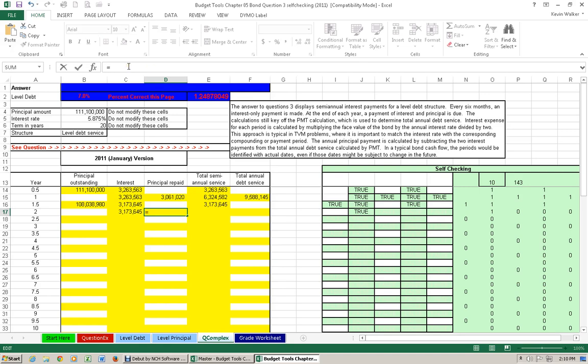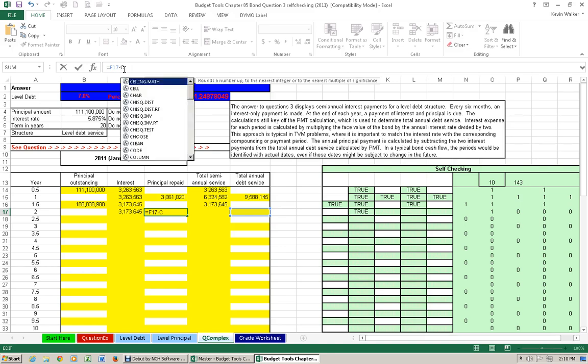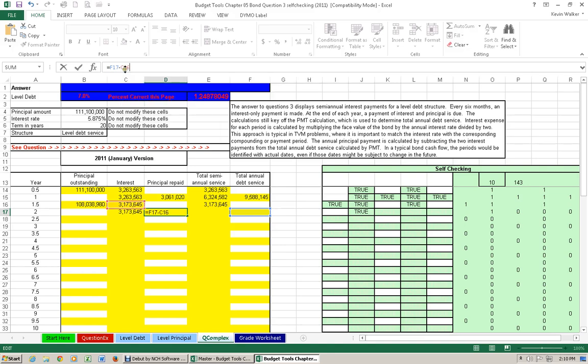Equals F17, okay, where this would be here, minus C16, what we paid in interest up front, minus C17.